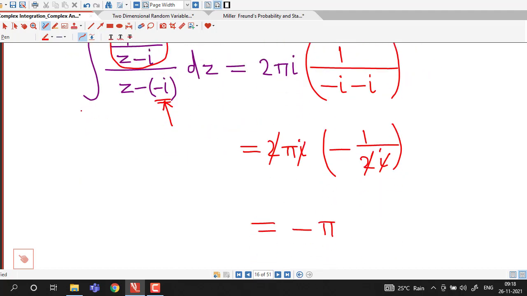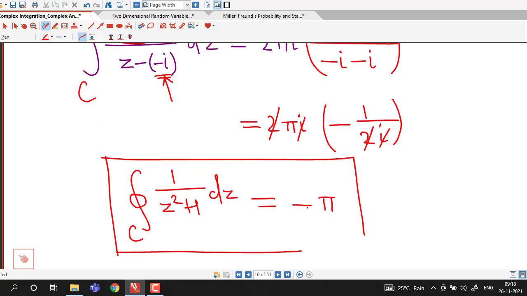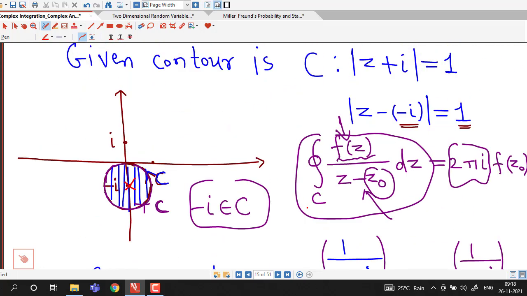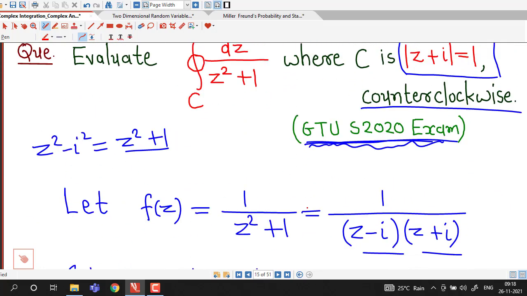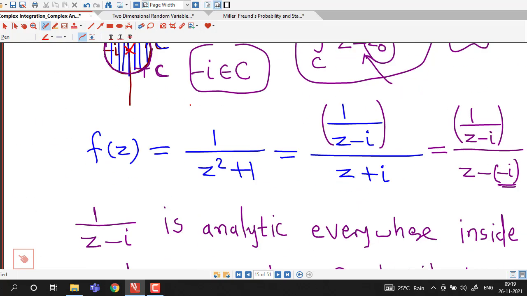Now the left hand side is nothing but the integral of 1 over z square plus 1 dz over the circle mod z plus i equal to 1. So in this way we can apply Cauchy integral formula to evaluate this type of integrals. We just have to remember this formula, and think about whether we are able to write the function in terms of Cauchy integral formula.